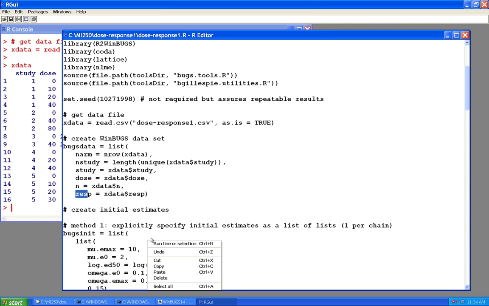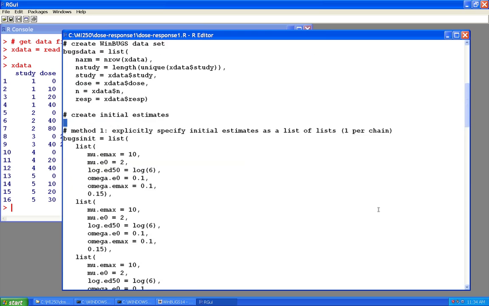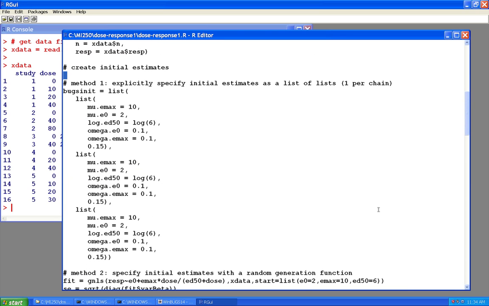And I'm showing you two different ways you can do it. I mentioned the first way here, but didn't actually do one before, so this is just illustrating it for you. One approach would be to explicitly specify initial estimates as a list of lists, where each one of the internal lists is a single set of initial estimates. That's what I've done here.